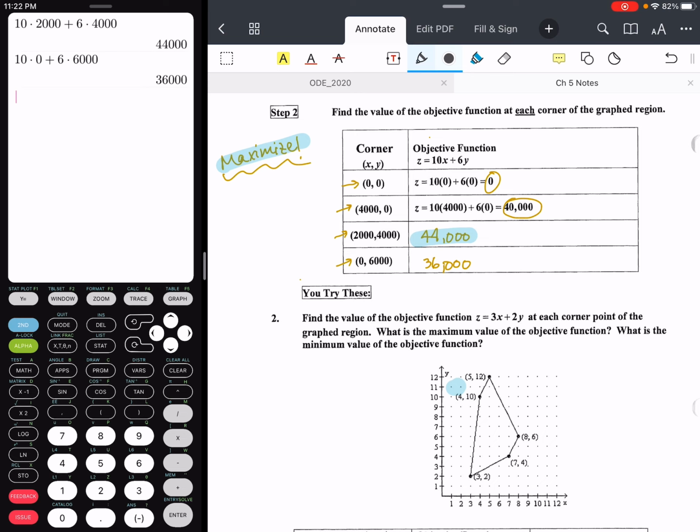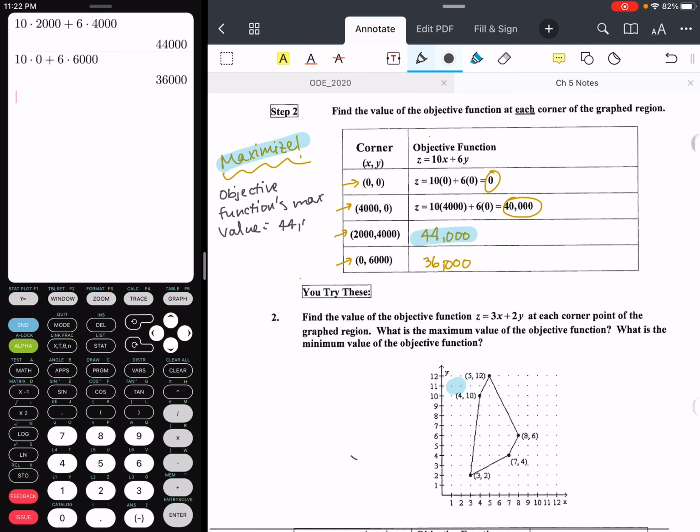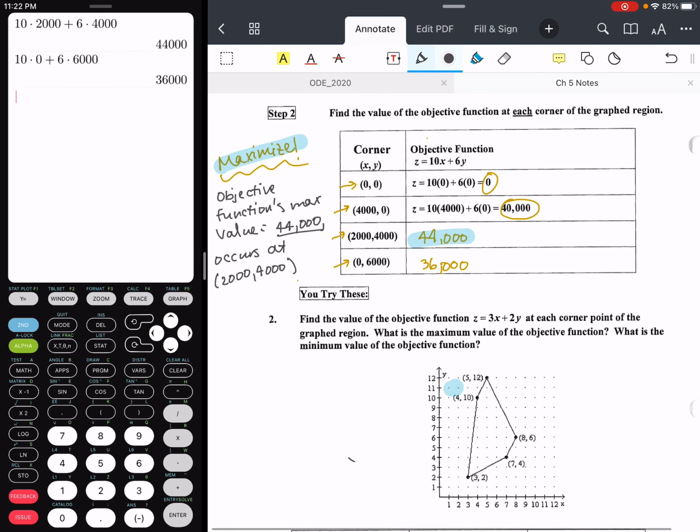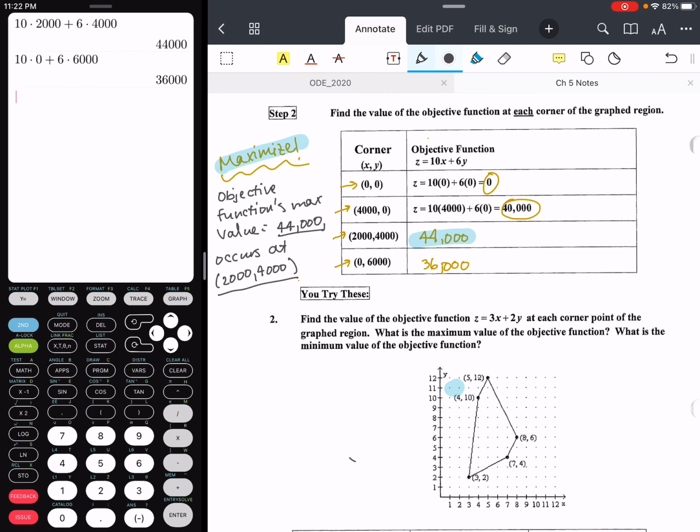So we can say that the objective function's maximum value equals 44,000, and this occurs at the ordered pair 2,000, 4,000. So the max value is 44,000, and the location at which this occurs is the ordered pair 2,000, 4,000.